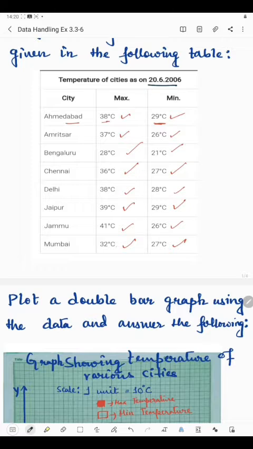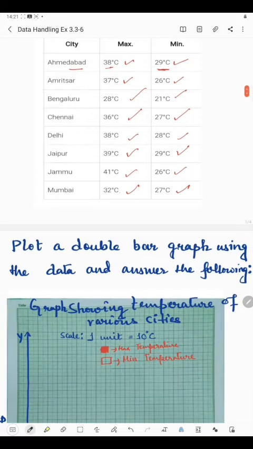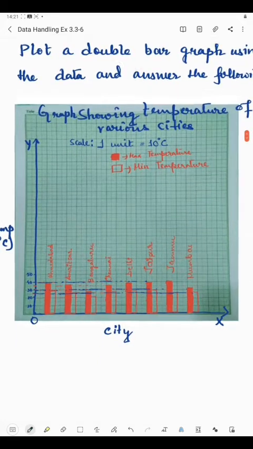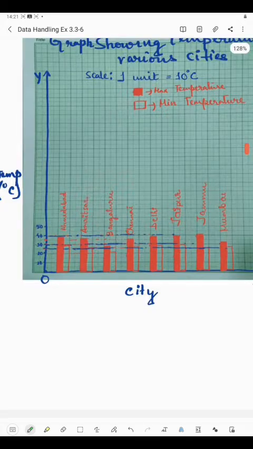On this particular date, the temperature of different cities is given, in maximum and minimum temperature. Okay. Now here we will have to find the difference between maximum and minimum temperature. So here the shaded bar represents maximum and the blank bar represents minimum temperature. Okay. So the difference between maximum and minimum is up to this.